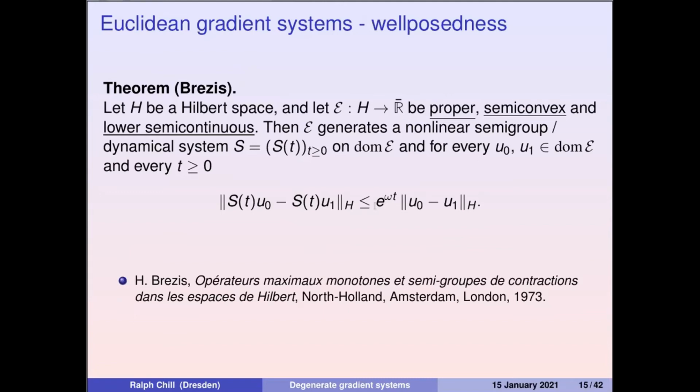And when you have this Lipschitz continuity, then you can extend the semigroup in a unique way to the closure of the effective domain. So initial values can also be taken in the closure. And you have a regularizing effect here: even if you start only in the closure, the solutions will immediately land, for positive times, in the effective domain. Also, this is in the book by Brezis.